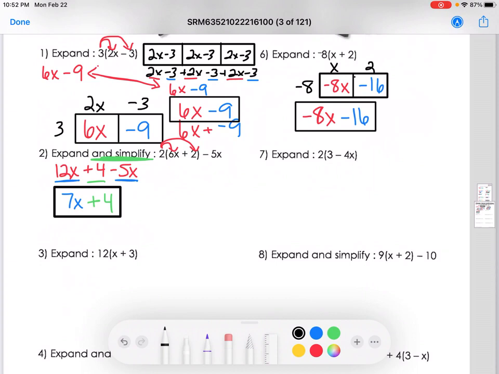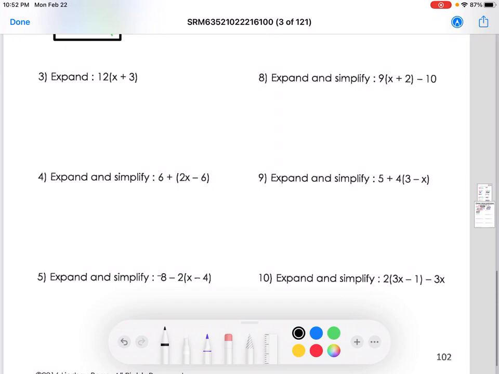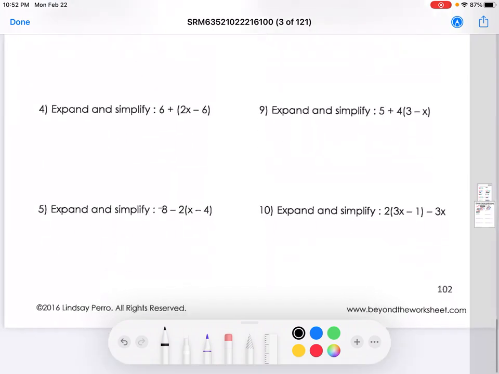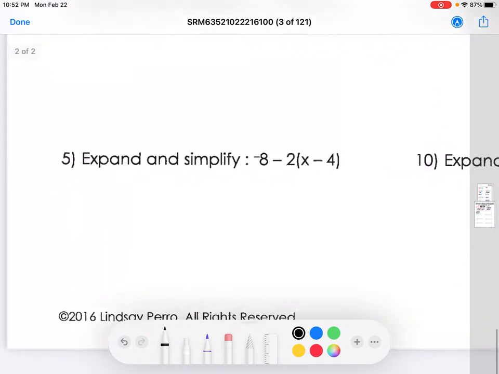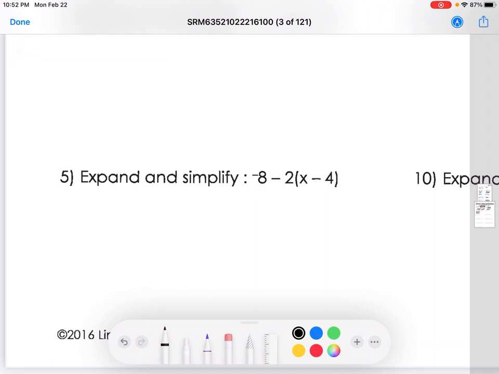Okay, I'm going to do one more like that. I'm not going to go through all of these. So let's do number 5. So I have negative 8 minus 2 times x minus 4. So negative 8. And I want to take this sign in front of this number with me. So negative 2 times x would be negative 2x.